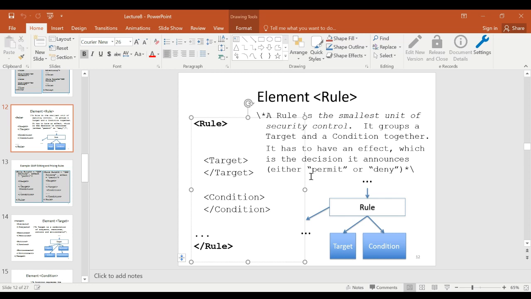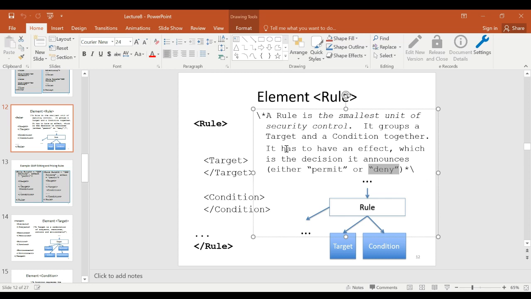That decision can be either a permit, meaning that if the rule is triggered, then the decision is to permit the request, or it's a deny decision, meaning that if the rule is triggered, then the effect of that rule will be to deny the request.